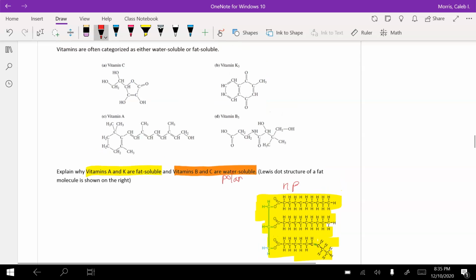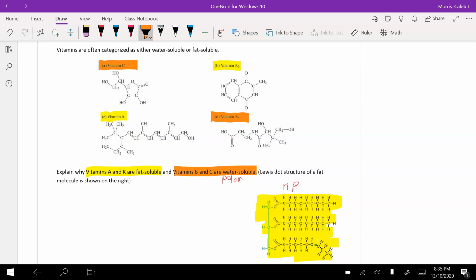So taking a look at our diagrams up here, the ones that are fat soluble are vitamin A and vitamin K. Then we have vitamin C and vitamin B that are water soluble. Let's pay attention to some important parts of these molecules. On vitamin C, I can notice an OH bond here, here, here, and here.